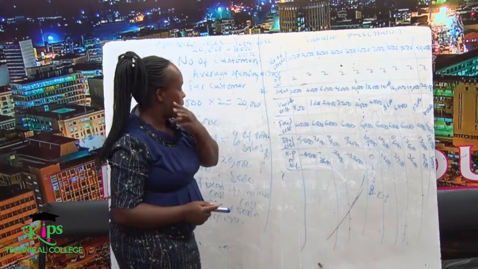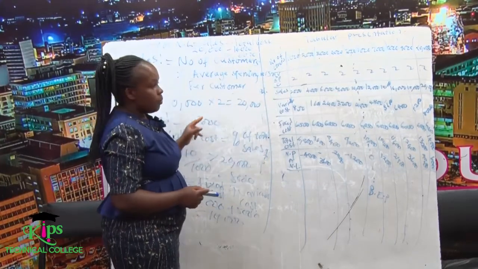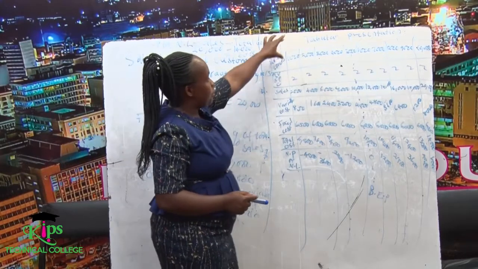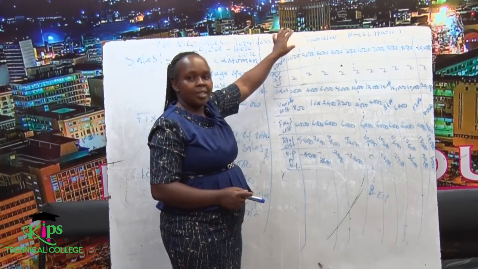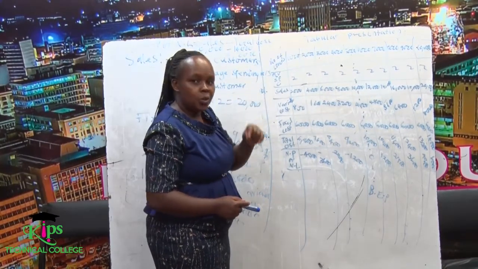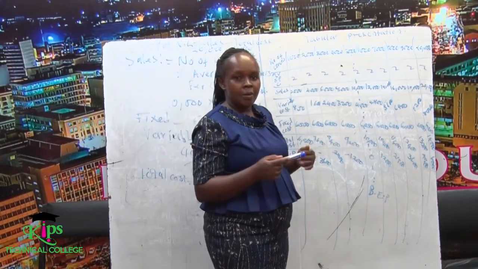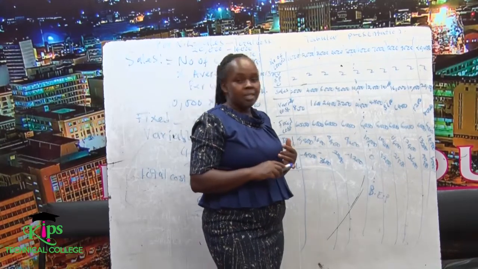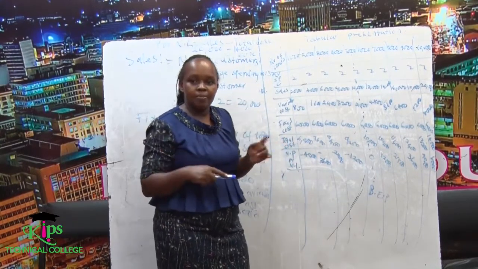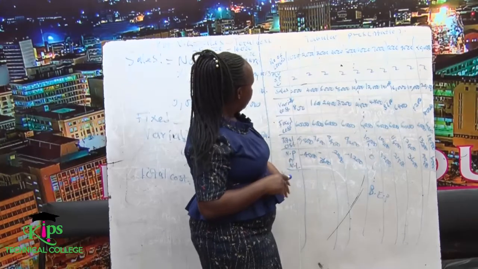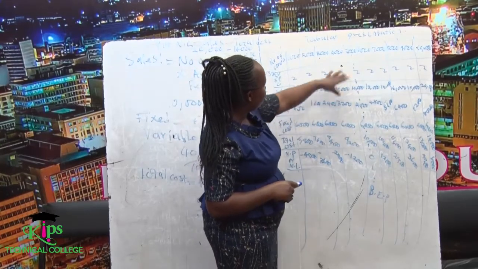That business made a loss. The reason that we have drawn this tabular presentation or the graphical presentation is that we wanted to know where the break-even point lies, where the business is not making a profit or a loss.